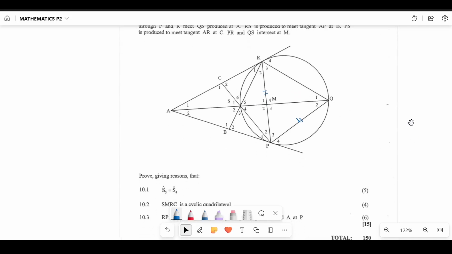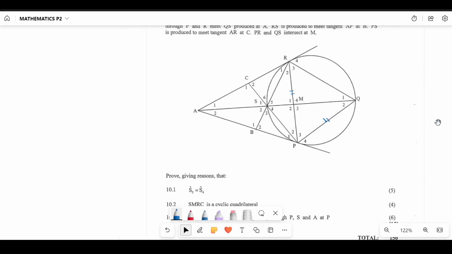First question, prove giving reasons that angle S3 equal to S4. It's a 5-mark question. Okay, when we are supposed to prove that two angles are equal, you write the two angles one after the other, S3 and S4. Let us find an angle equal to S3.